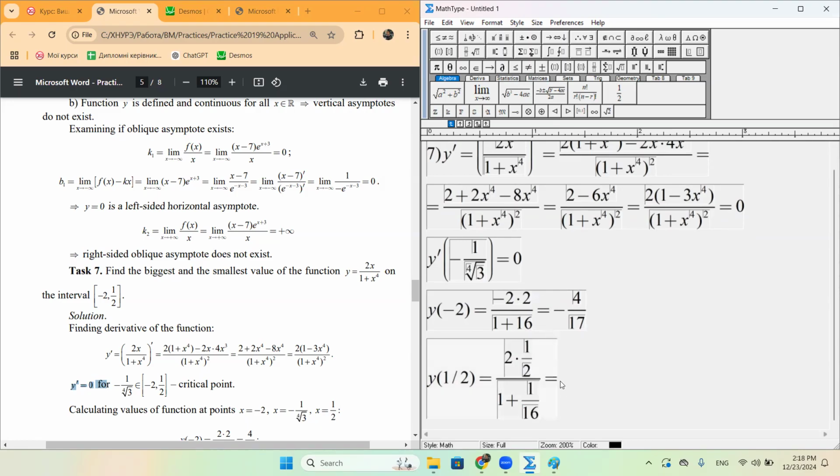So what do we have now? 1 divided by 17/16. It actually equals 16/17.